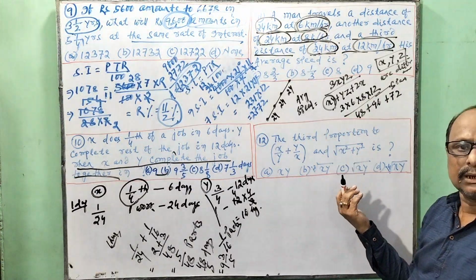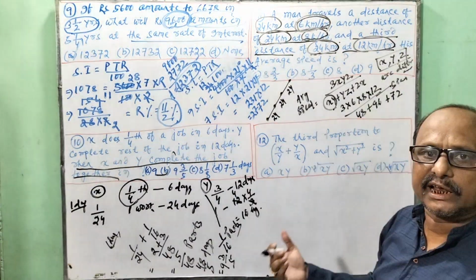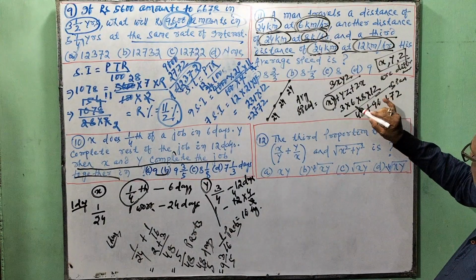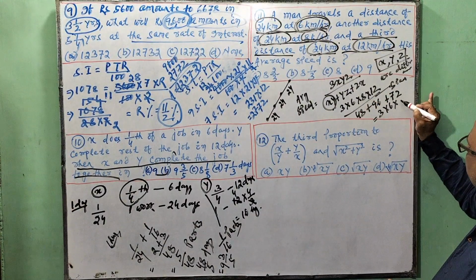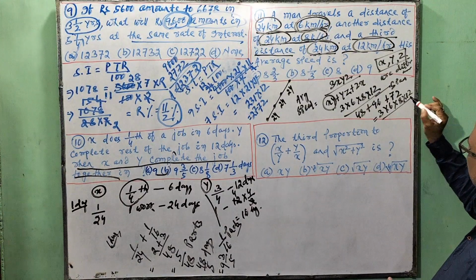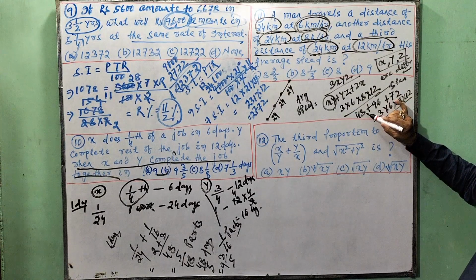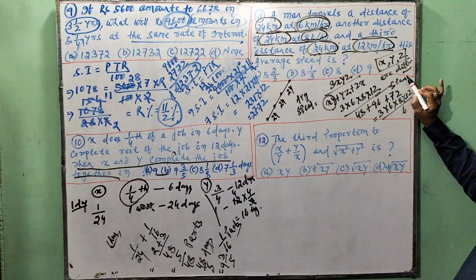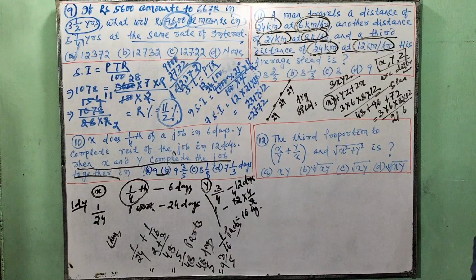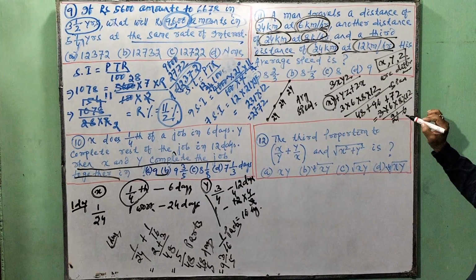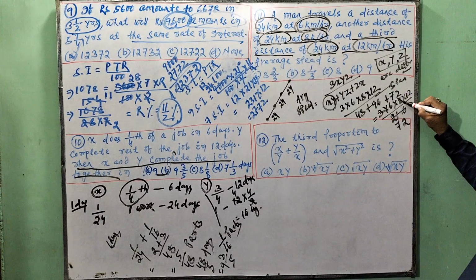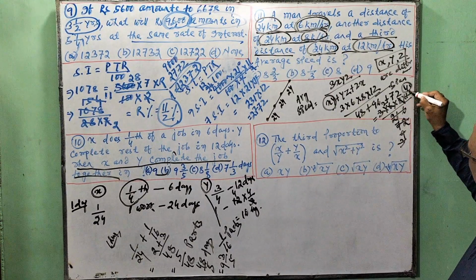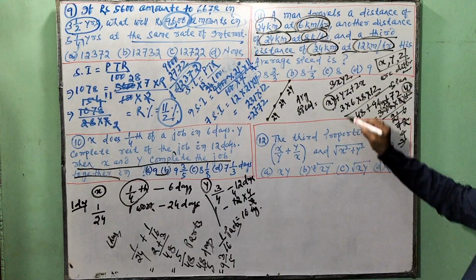This is the formula of the average speed when a body covers 3 equal distances at 3 different speeds. So it equals 3 into 6 into 8 into 12 divided by 216, and after reducing, the answer is 8.